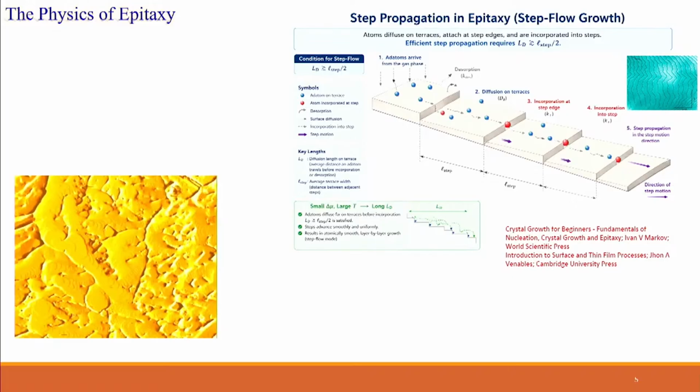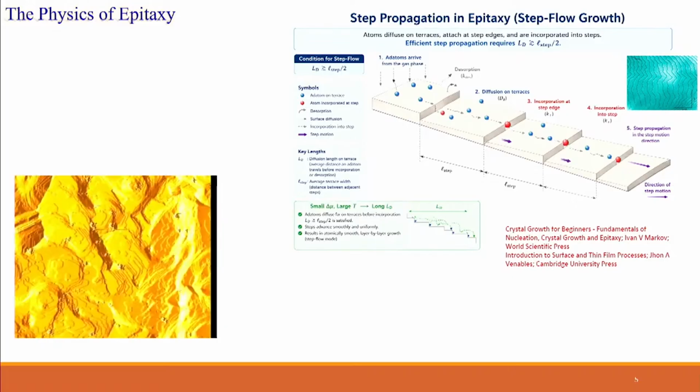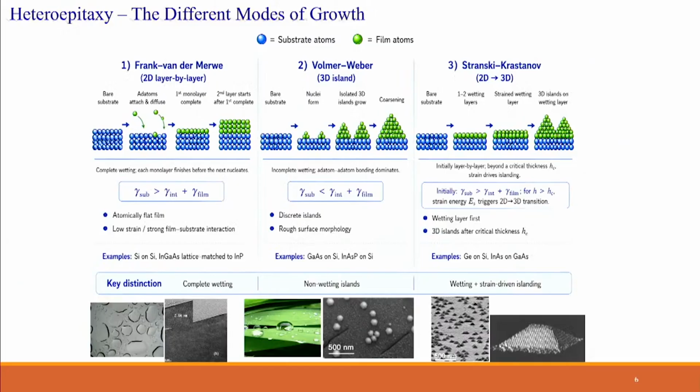So now let's come to heteroepitaxy. Our first speaker did introduce this concept, but let me just revisit that. We have to think about surface energies. We have a substrate, a surface of the substrate with air. Now we are creating a new material on top of it.